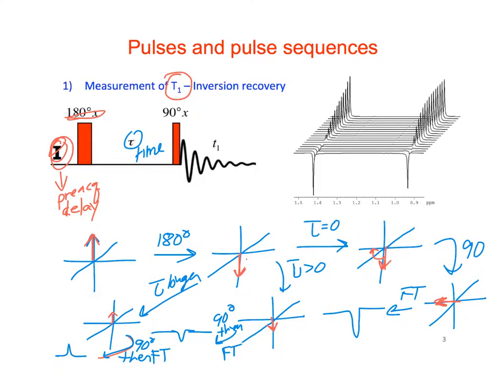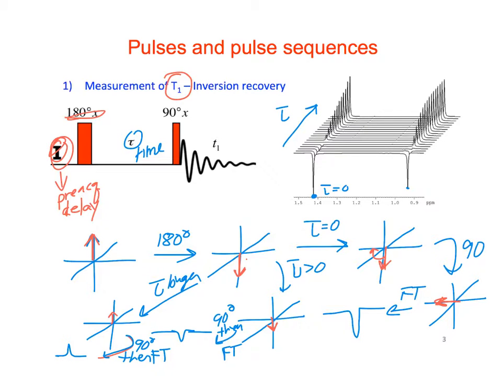So if we look at this series of experiments in the upper right, here's where we started with maybe tau equals 0, and we have these two strong negative peaks. As we increase tau, they get shorter and shorter, and at some point, notice that they're different from one another.